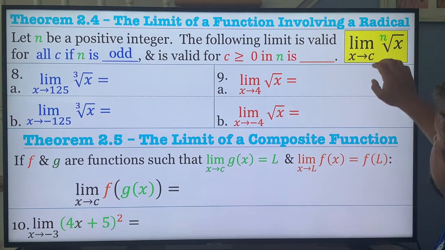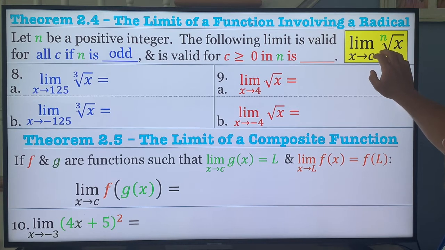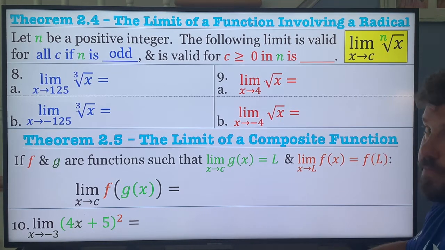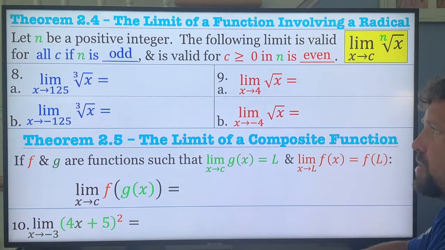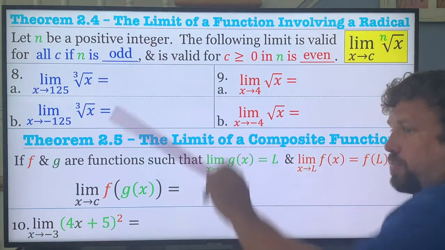What that means is, if n is odd, C could be anything. If n is even, this has to be 0 or positive. And we're not dealing with fractions either, we're just dealing with straight up integers.